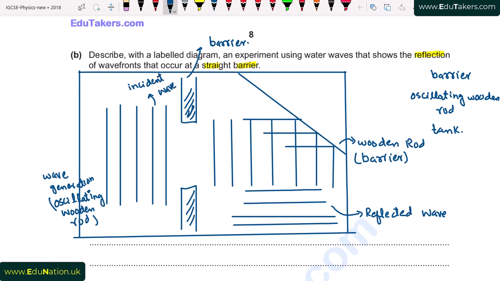And these waves can be observed by eye or by using a video camera.